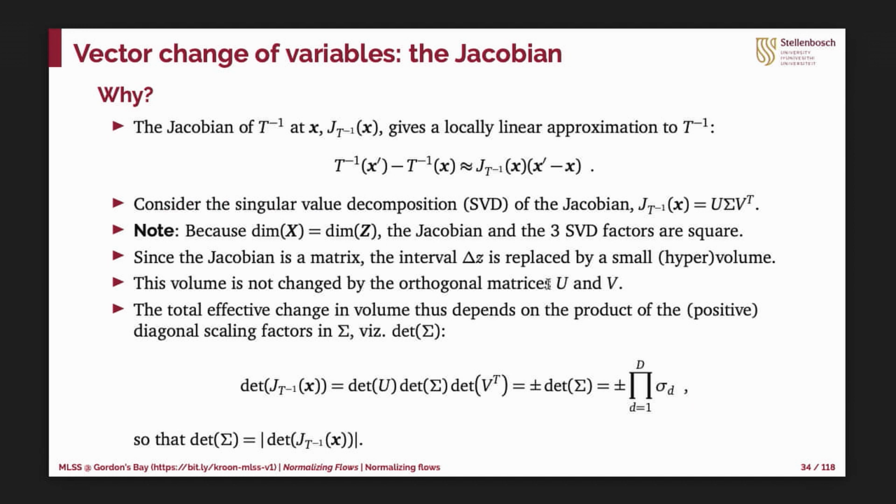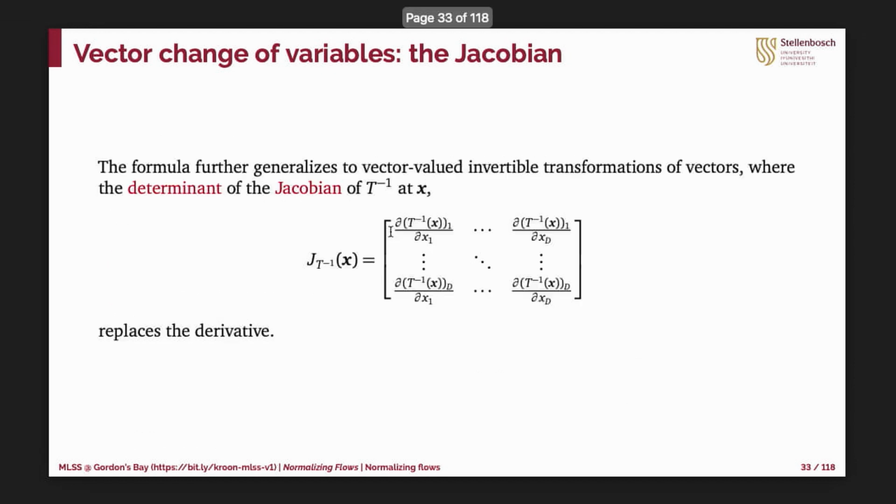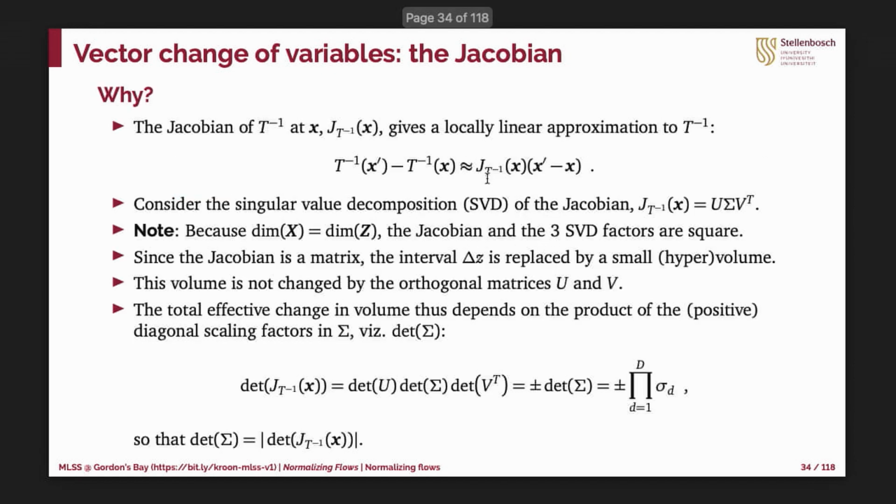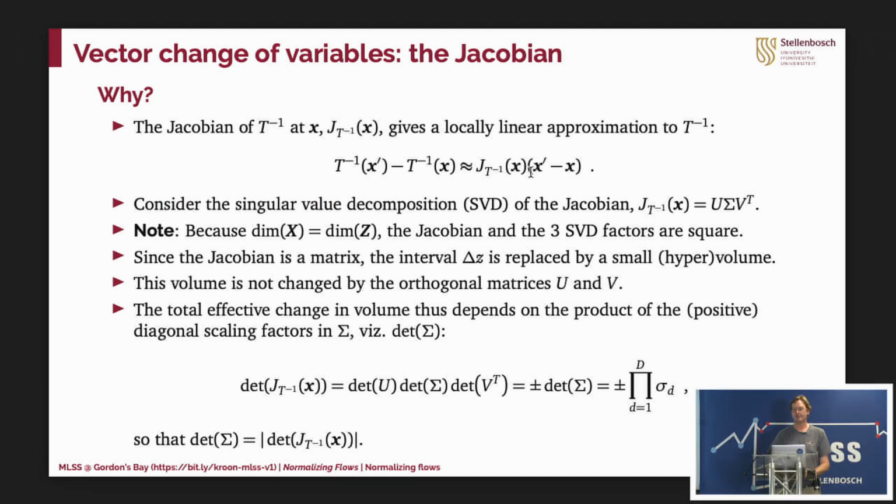So, before we speak about how we know the amount of volume change, I just want to mention that the Jacobian that I just sort of pulled out of nowhere and said was a generalization comes out when you do a Taylor series expansion for your function, okay?